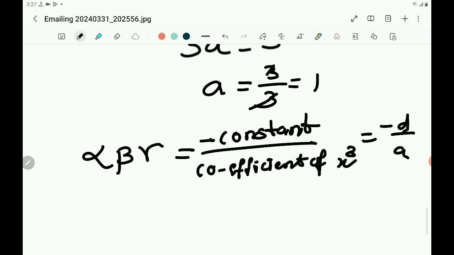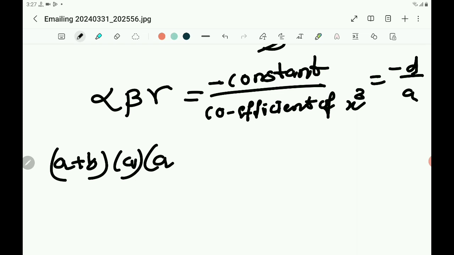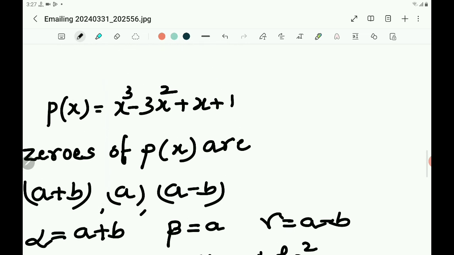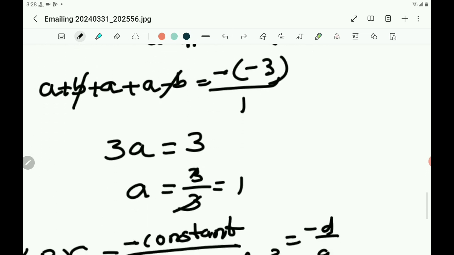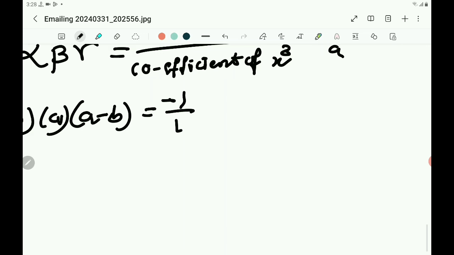Alpha, beta, gamma becomes a plus b into a minus b equals minus d, where d is the constant, that is 1. So in the place of d you write 1, and in the place of a, the coefficient of x cube, which is 1. Then you can write minus 1 by 1.